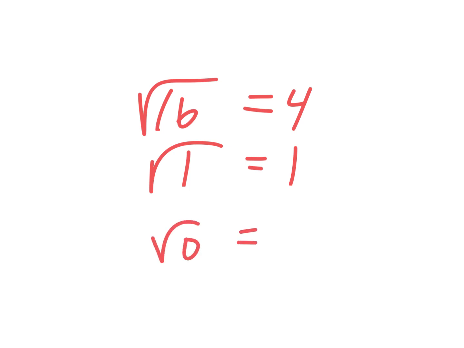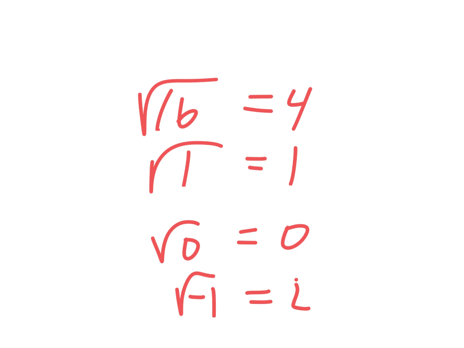No, it's just 0, because 0 times 0 makes 0. So square root of 0 exists. Square roots of negatives don't exist. They made up a letter for it. Do you know what square root of negative 1 is? I. Who had that one? All right, bonus smart points. Nice job. That's i for imaginary number. Square roots of negatives don't exist, so they make up this thing called i for imaginaries.